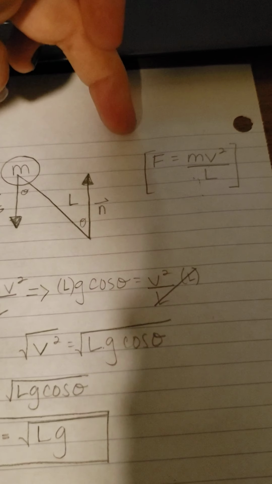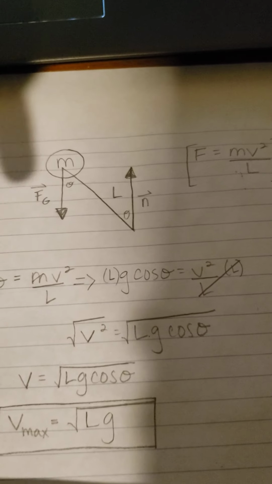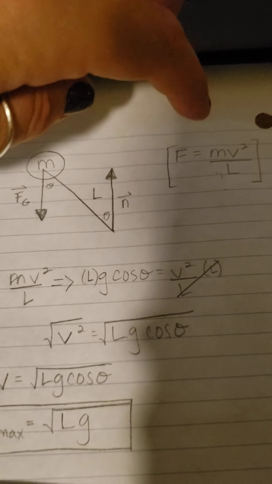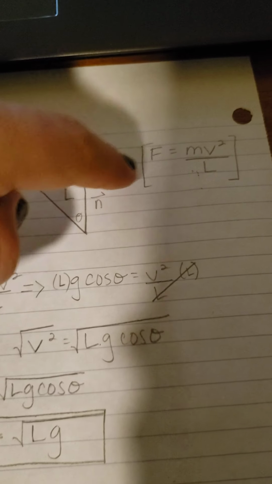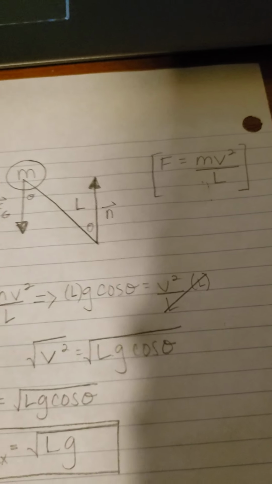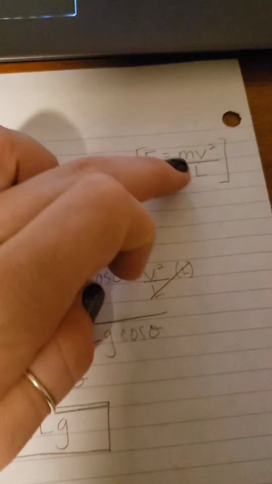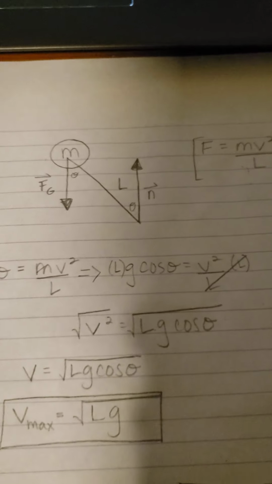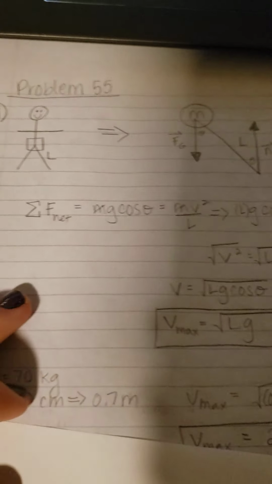So we know, since our legs are moving in circular motion, we want to set our forces equal to mass times velocity squared over L, and we can use this to find that maximum velocity.